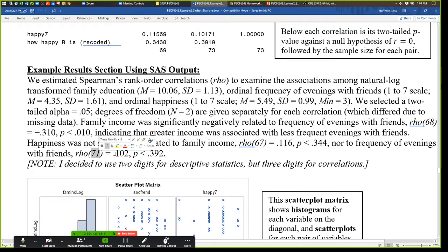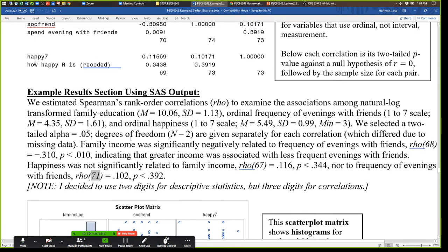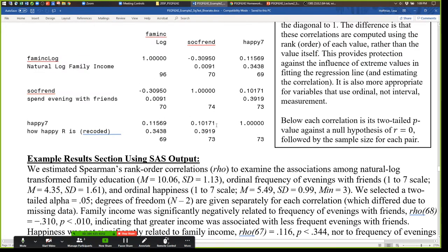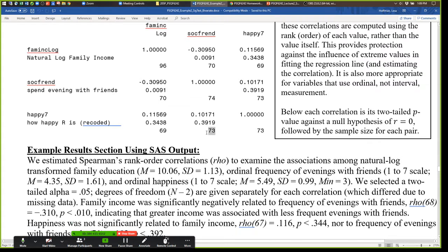And what's this thing right here? It's related to sample size. It's actually sample size minus 2, otherwise known as degrees of freedom, denominator degrees of freedom. Because there were 73 people who answered both questions to be able to examine an association.